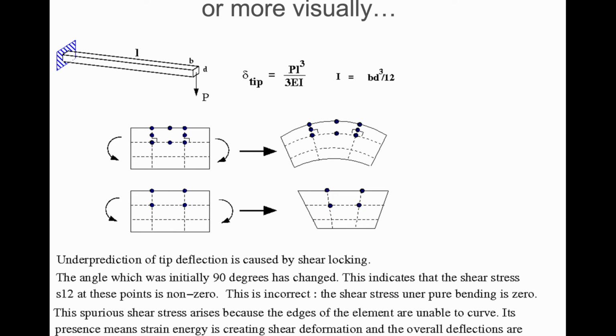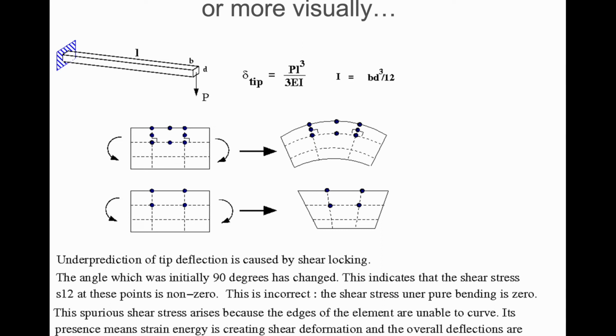And because this shear is created, our stiffness goes up, and because it is over-evaluated, the displacements will be lower than what you should expect in this kind of problem. So the deflections will be smaller.